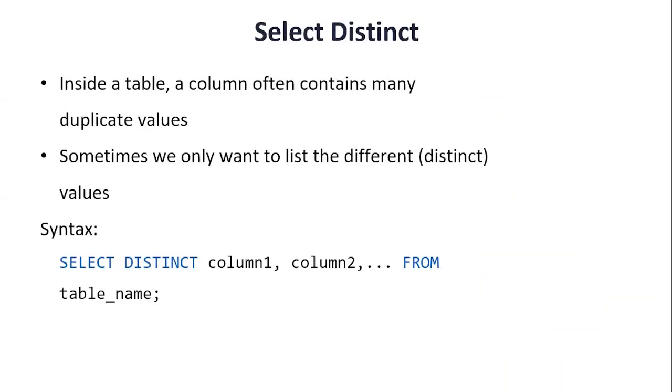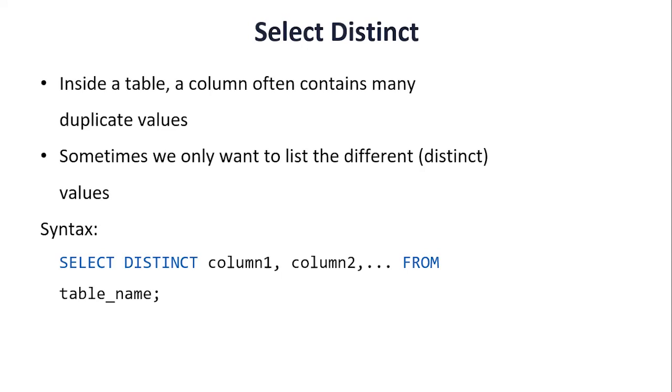And there are some special keywords that you can use with a select query. For example, let's say you only want to select distinct values from a particular column. So for example, even in our persons table, we saw that we had 2 people with the age 21. So these are duplicate values.